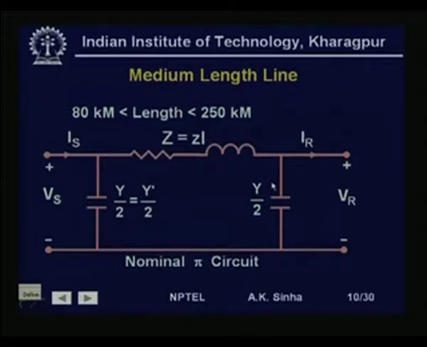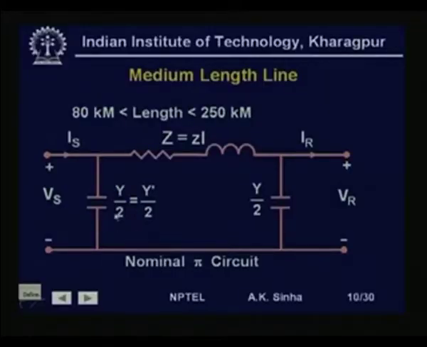Now, normally we divide this total shunt admittance into two parts and put them at the two ends. So, we have shunt admittance Y by 2 put at the sending end and another Y by 2 put at the receiving end. This model looks like a pi, and therefore we call this model a nominal pi circuit for a medium length line.